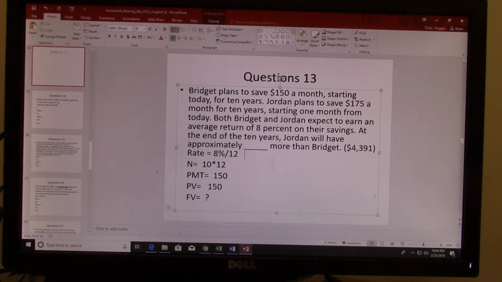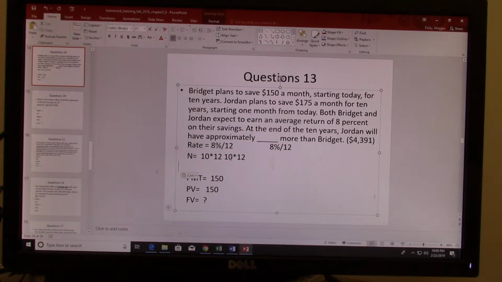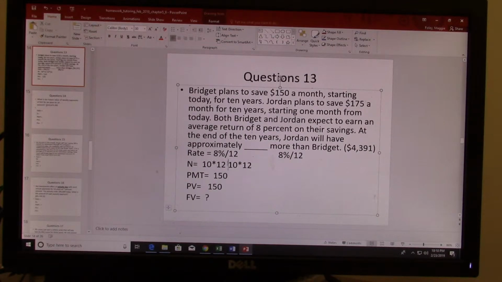For Jordan, the interest rate is the same. This is for Jordan, and it's the same. Payment is $175 for Jordan.